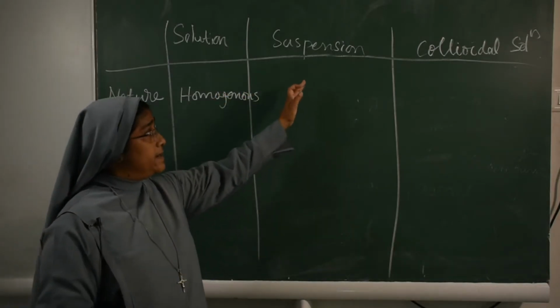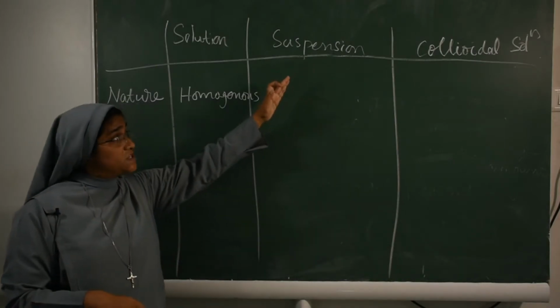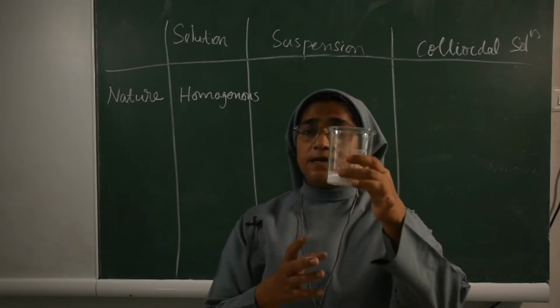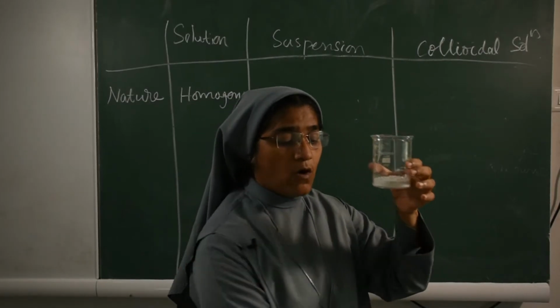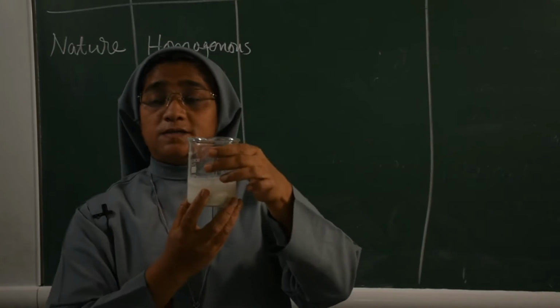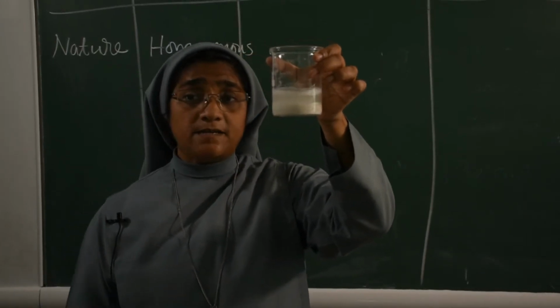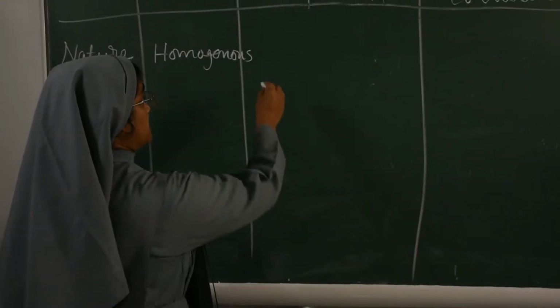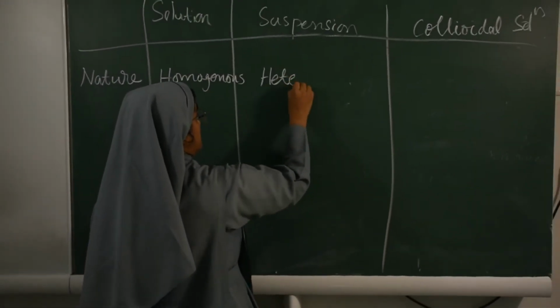Now, next we will see what kind of mixture a suspension is. Here in this beaker there is chalk powder. I am adding some water in it. See, what kind of mixture is it? Heterogeneous mixture.